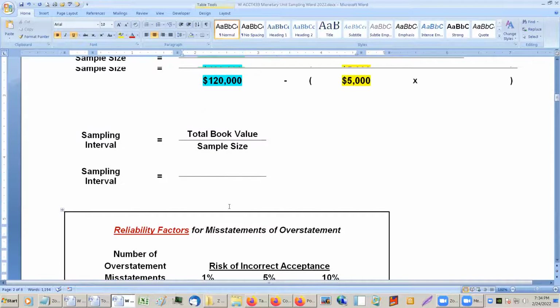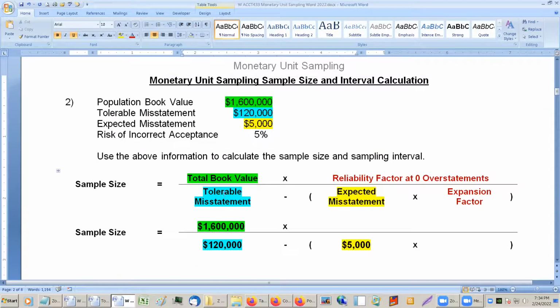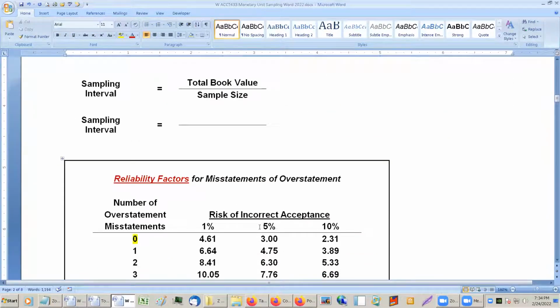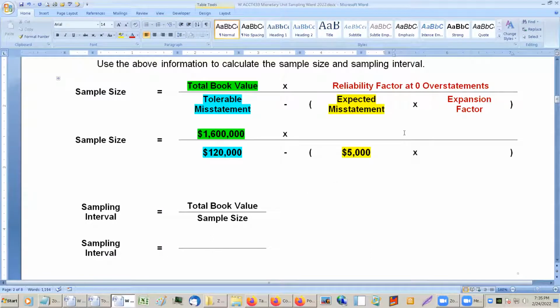The risk of incorrect acceptance is 5%, and so that'll give us a factor of 3. So 3 is what we're going to plug in up here.